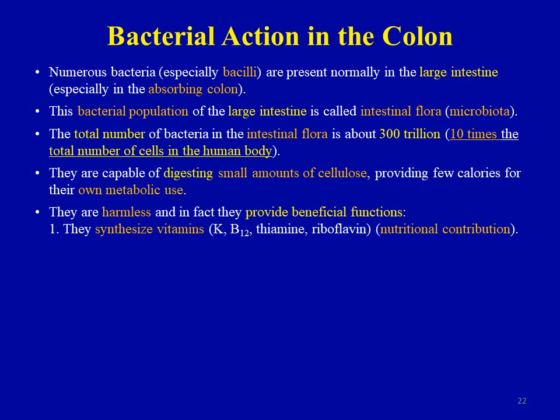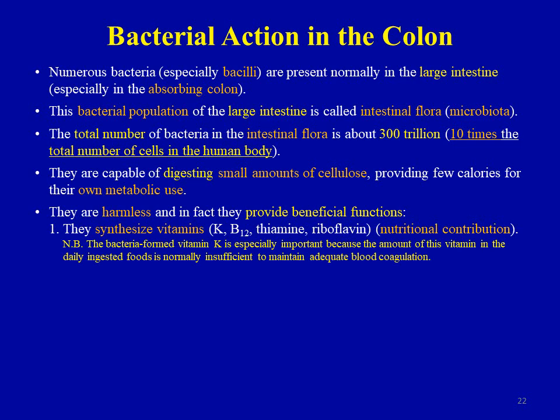And this shows us how important the contribution of the colonic bacteria is in providing our daily requirement of vitamin K. The bacteria-formed vitamin K is especially important because the amount of this vitamin in daily ingested food is normally insufficient to maintain adequate blood coagulation.